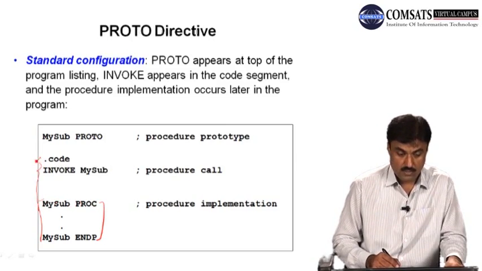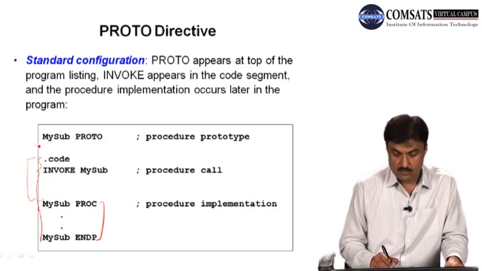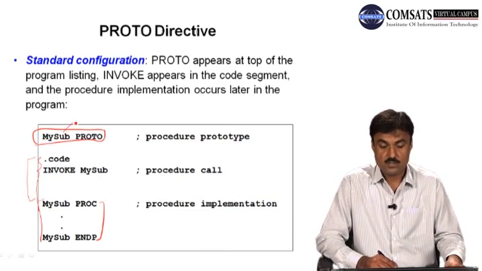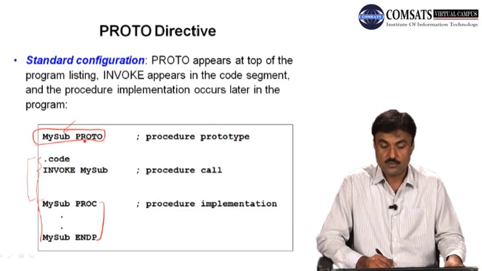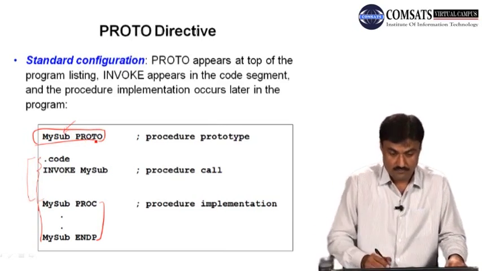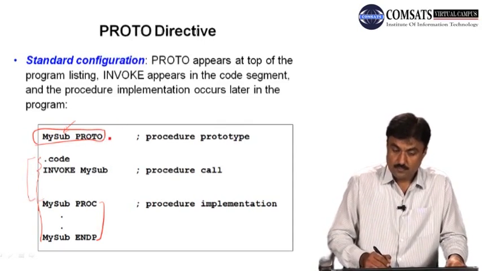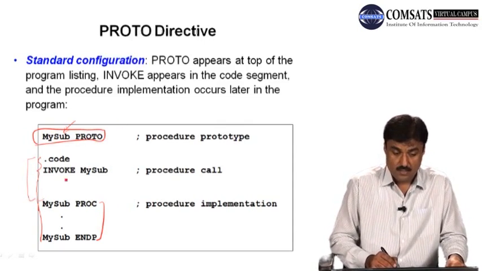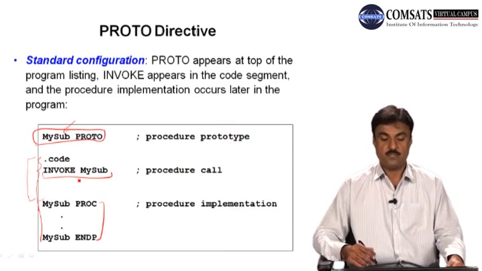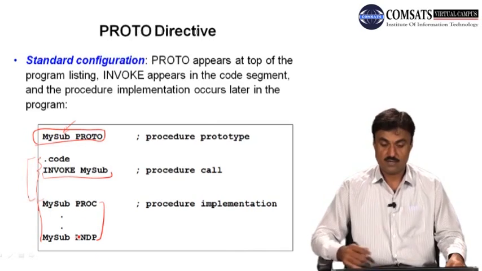This is the main program area, and before this main program we define the prototype. My sub is the name of the procedure. We define the procedure, and PROTO defines that this is a prototype of this procedure. And here you can see we invoke my sub. So we are calling this my sub procedure, and then my sub procedure is defined here.